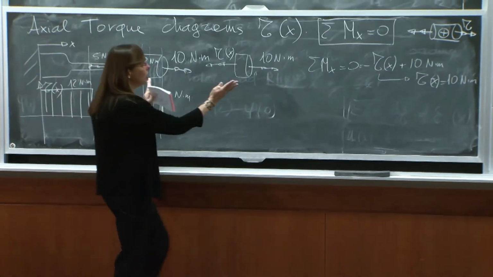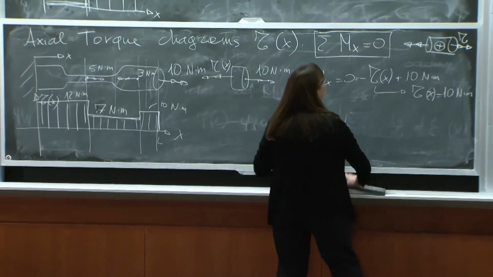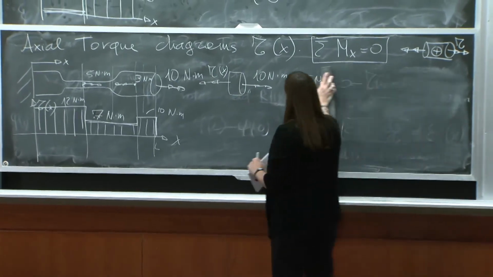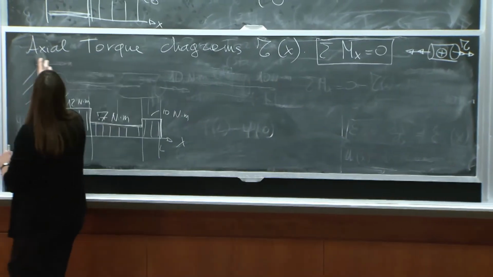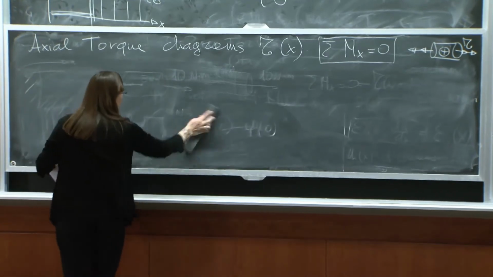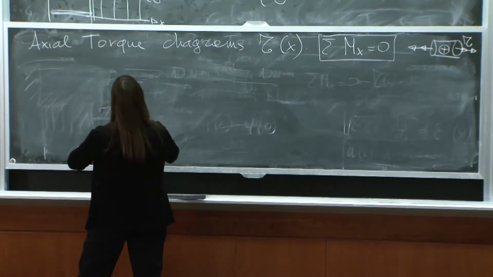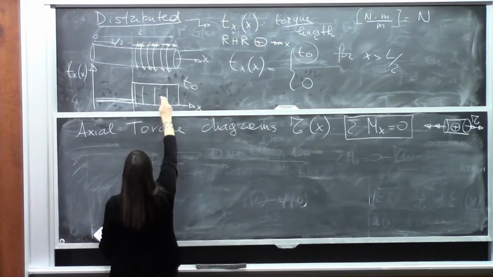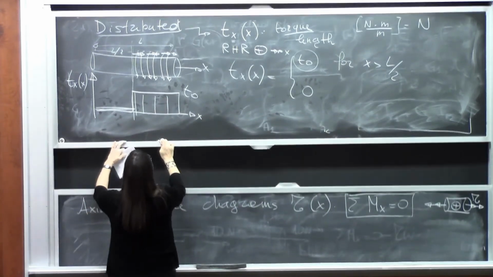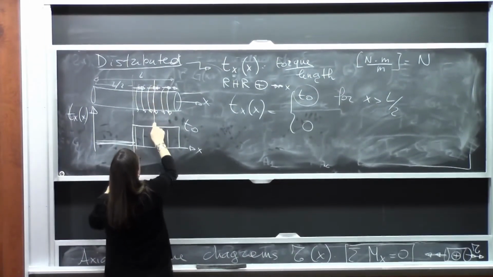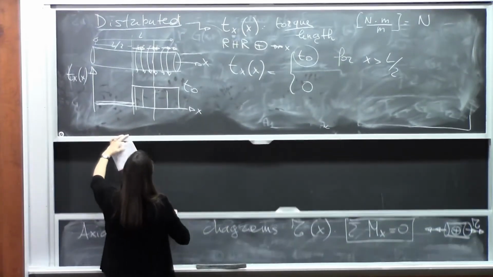by doing the same thing I was doing here. I do a free body diagram, and I do sum of the moments equals 0. So in that case, for instance, if I want to find T of x, I cut here, zip, zip, zip, zip, zip. I cut at x.